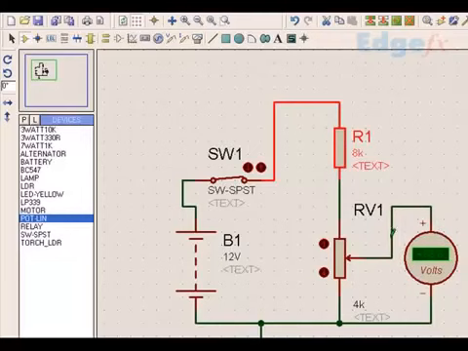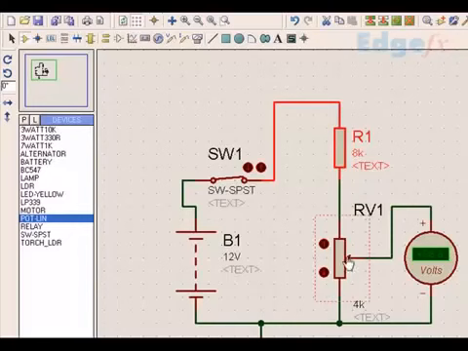Now let me see how the voltage behaves in a voltage divider situation. I know if this is 12 volt and this is 8k and this is 4k, then at this point the voltage will be 4 volts. At this point the voltage will be 0 volts.